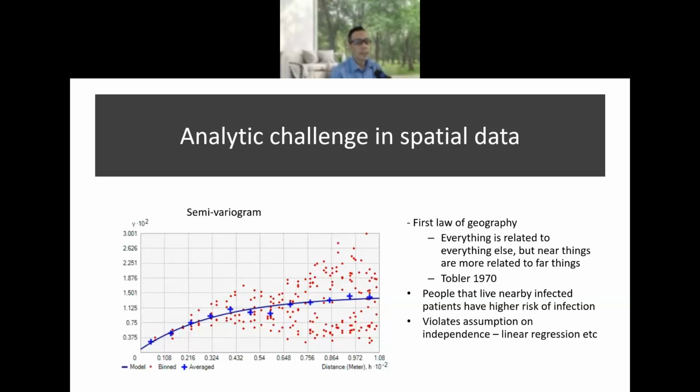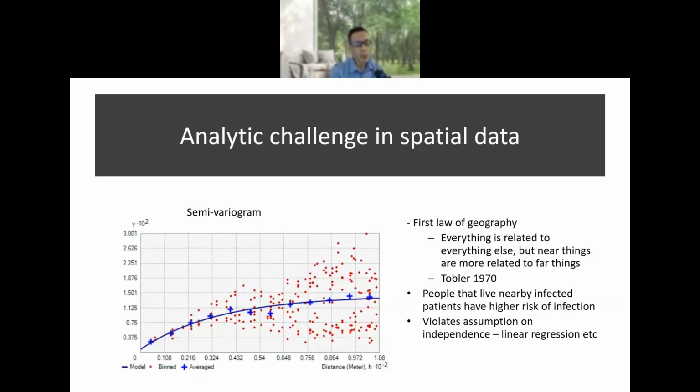So because of this, the assumption of certain statistical analyses, especially the assumption of independence, is violated. It violates the assumption of independence for traditional linear regression and traditional logistic regression.